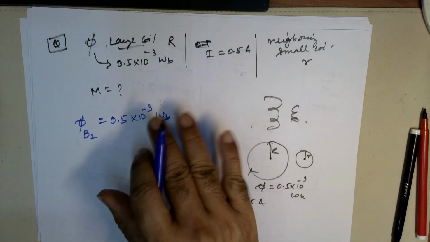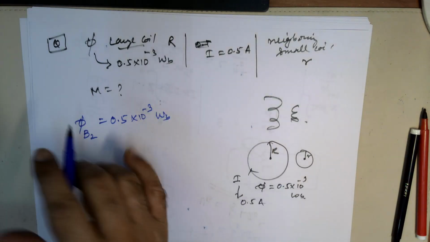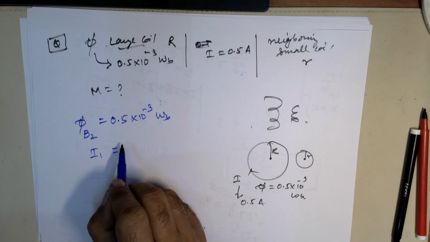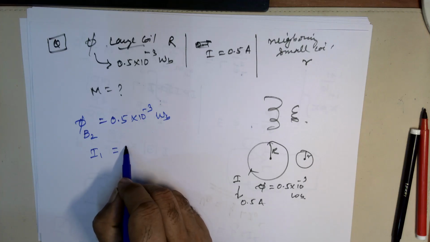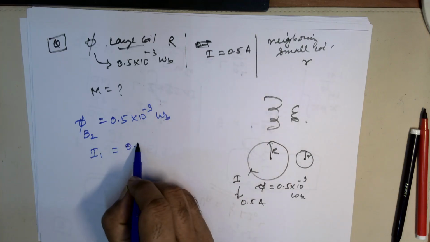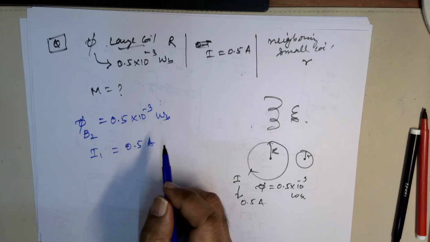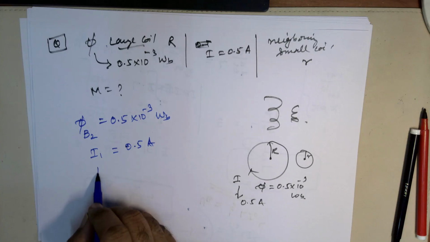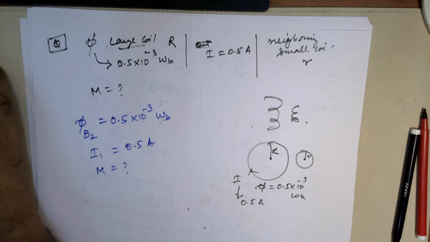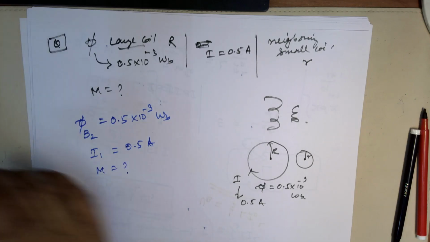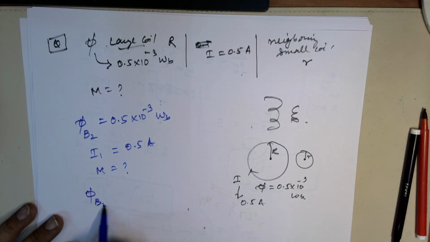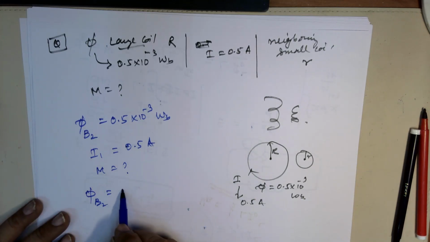This is the magnetic flux created because of the current carried by the first coil, which is 0.5 ampere. So this is I1. So we know phi B2, that is phi 2, is equal to M into I1.